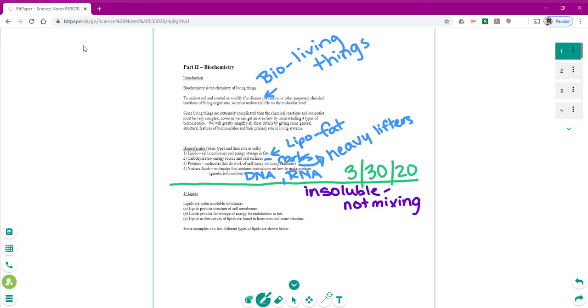So let's talk about some examples of lipids, some ways that they are useful, and the different places in our body or in other animal bodies that they are used. The first thing I want to talk about is that they can be used to make biological waxes. Now I'm not talking about wax that goes in a crayon or in a candle.